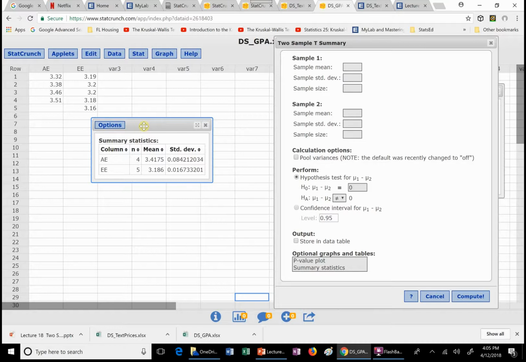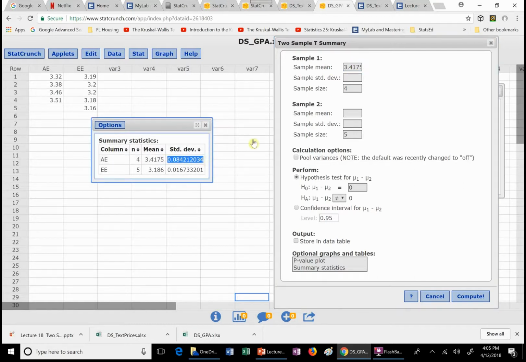Again, the same caveat applies. You have to be careful about the order. It matters which one you call 1 and which one you call 2 because you're doing a one-sided test. So here my sample size is 4. Here my sample size is 5. So my mean is here.